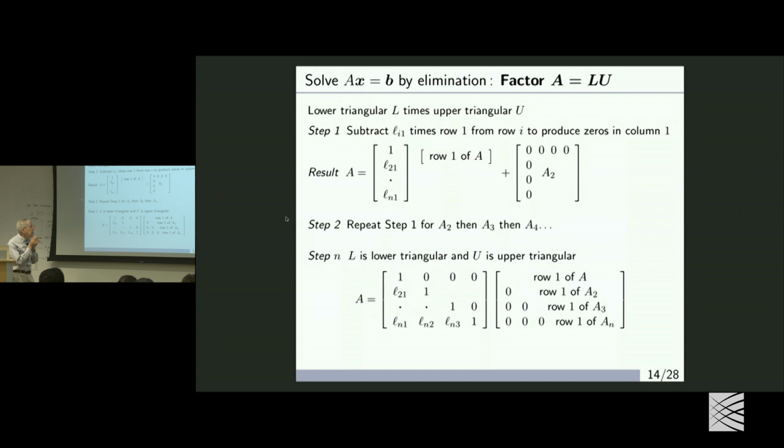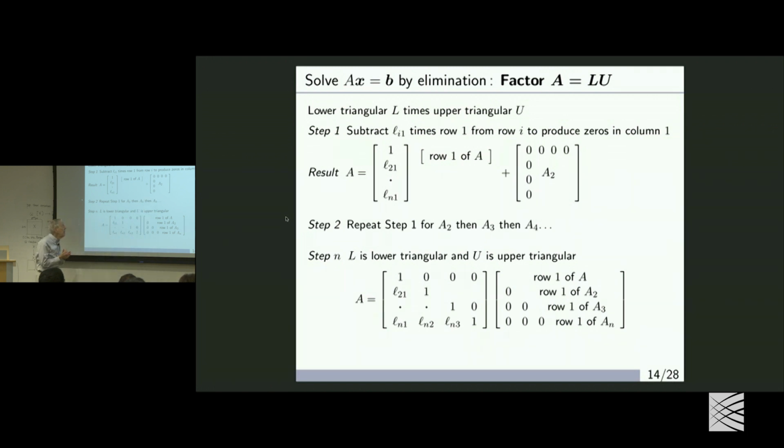What I'm trying to say is that this equation expresses the idea of elimination: I'm removing the right multiples of row 1. That's what elimination did. The first multiple was 1, I'm removing the whole row. The other multiples were whatever it took to get the first 0.